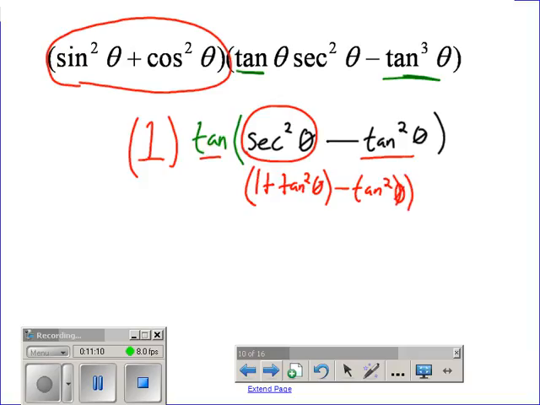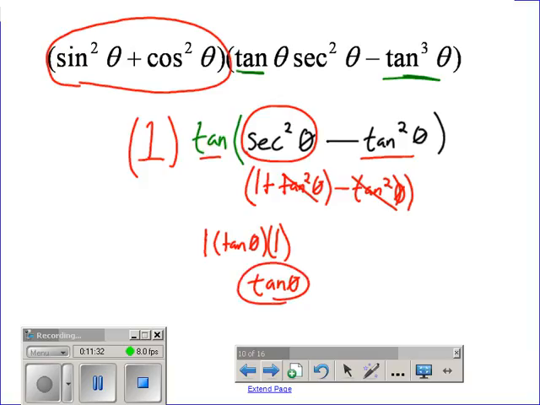That's what this on the inside is going to be. So these two will end up canceling each other out, and I end up with just 1 times tangent theta times 1. So this whole thing is just tangent theta.